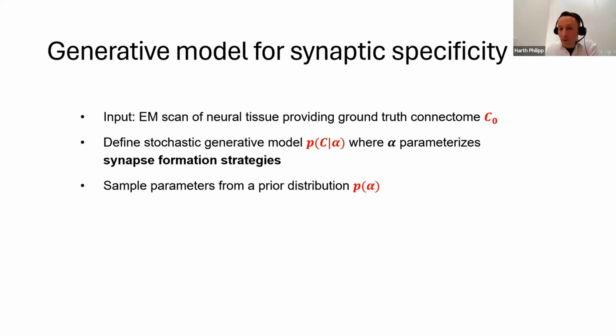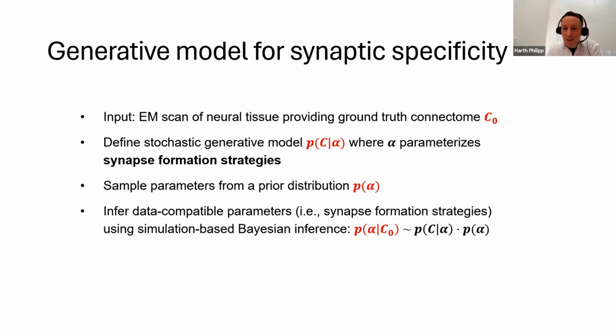We sample parameters for the synapse formation strategies, and then we use a Bayesian inference approach to infer the posterior distribution of parameters, that is, the likelihood of alpha parameters to regenerate the empirically observed connectome. There'll be an illustration later that makes that clearer, I think.